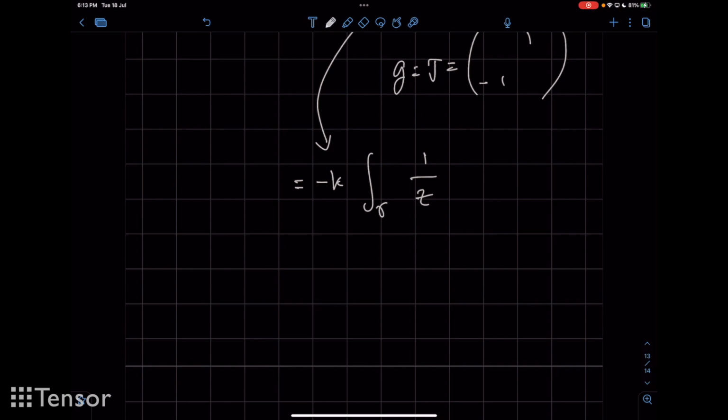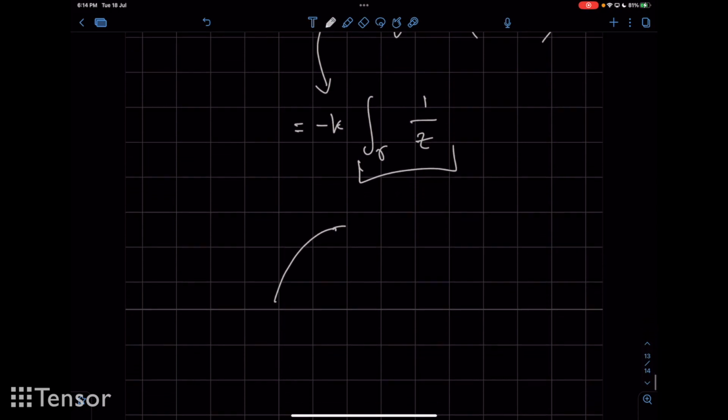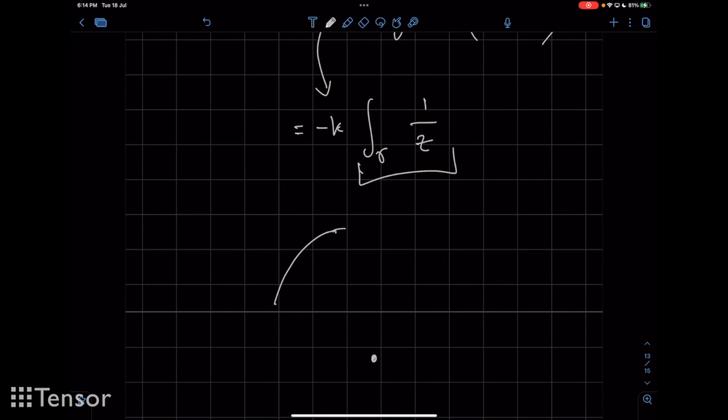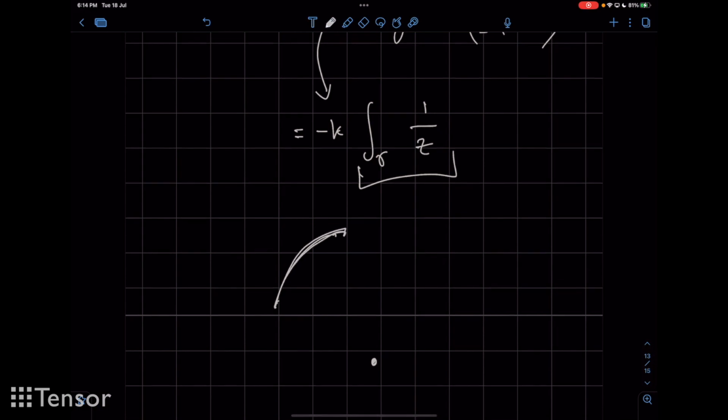Gamma is this one, right? Well, we could have taken this one as well. Doesn't really matter. And now what is this integral? This is our origin. We have to remember. And this goes this way.